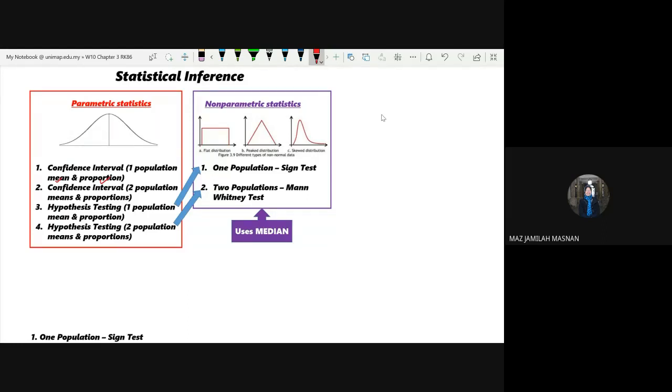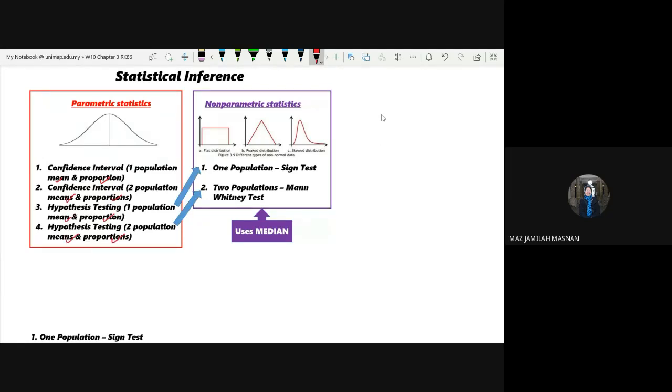The same goes for confidence intervals for two populations, means and proportions. And we have gone through hypothesis testing for one population and two populations. Again, every single discussion related to mean and proportion.